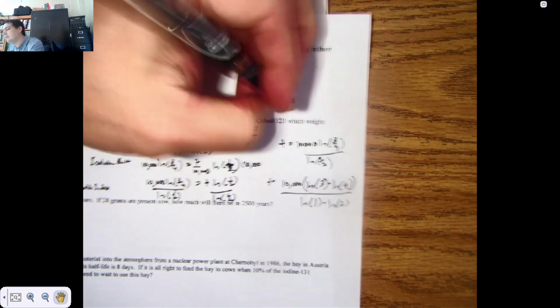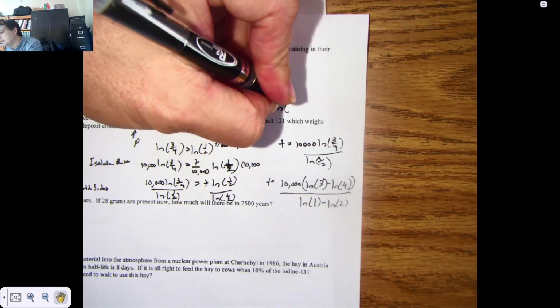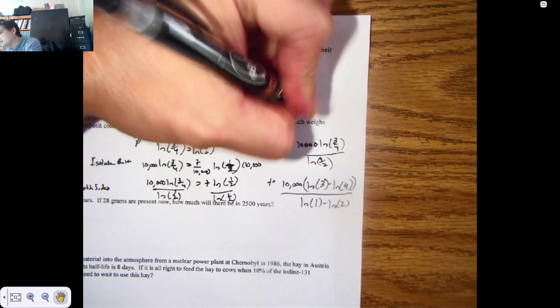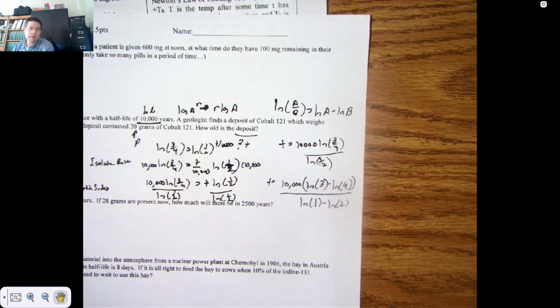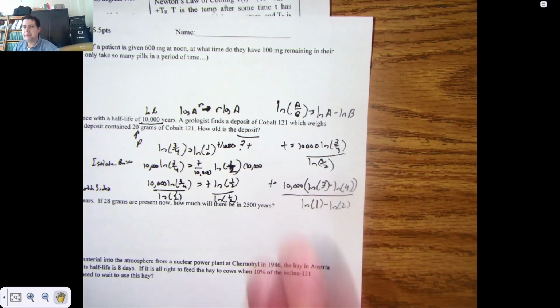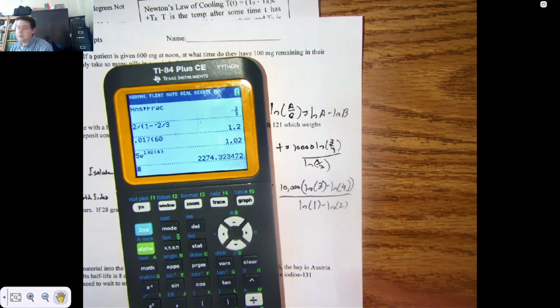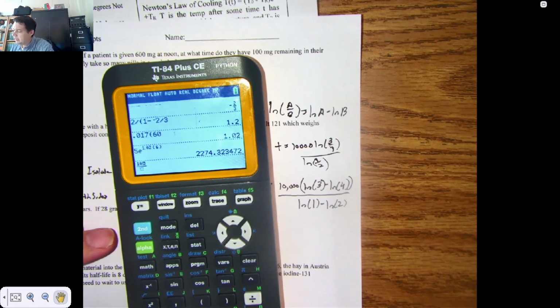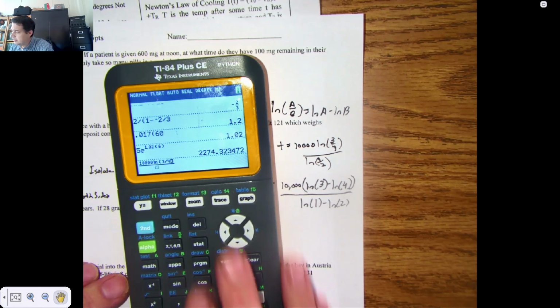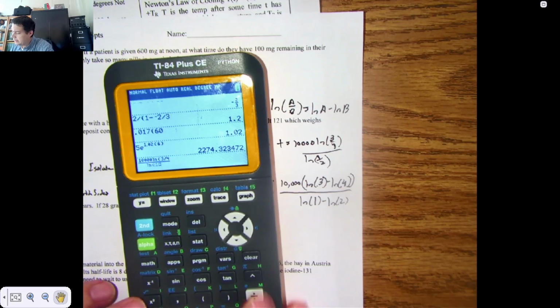What I did is I took this property, the natural log of a over b is the natural log of a minus natural log of b. Both of these are equivalent, but the state will probably do something like this because they're testing to see your knowledge of logarithms. But I'll show you they're equivalent. Numerator over denominator, 10,000 natural logs of 3/4, sitting over the natural log of 1/2.